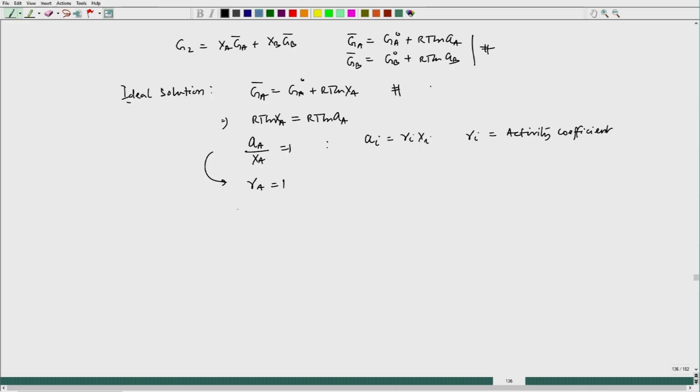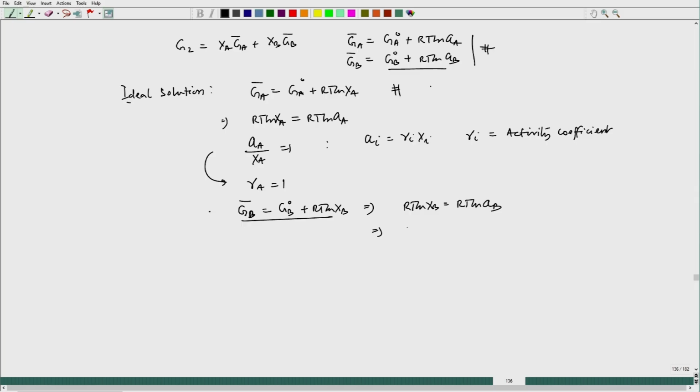Another comparison we can do: Gb bar equals Gb naught plus RT ln Xb. Again we can compare this equation with the earlier one, so we get RT ln Xb equal to RT ln Ab.